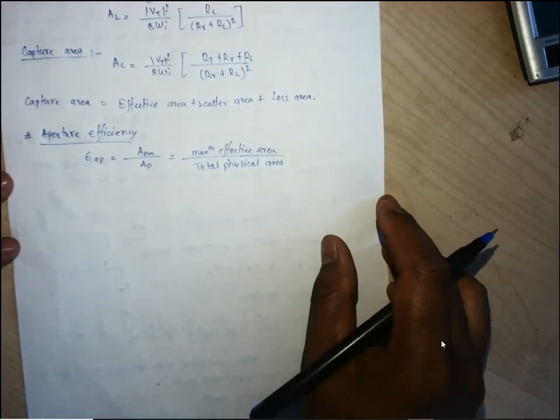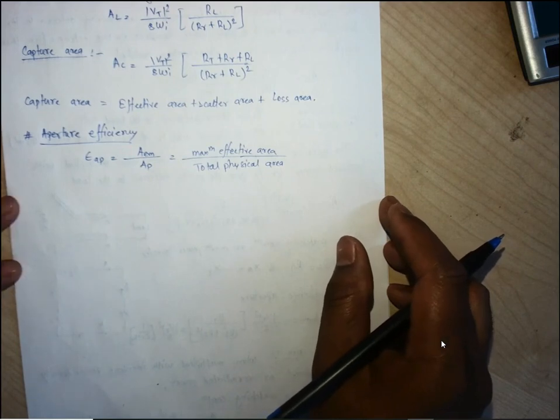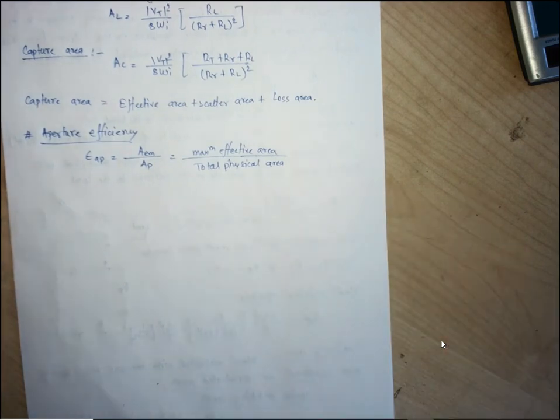We can also find the partial effective area for a given polarization in a given direction. Now just tell me if there is any doubt on this.